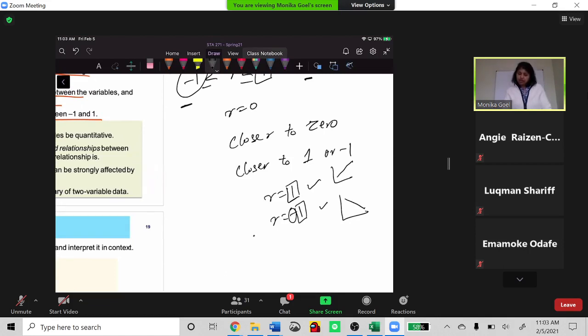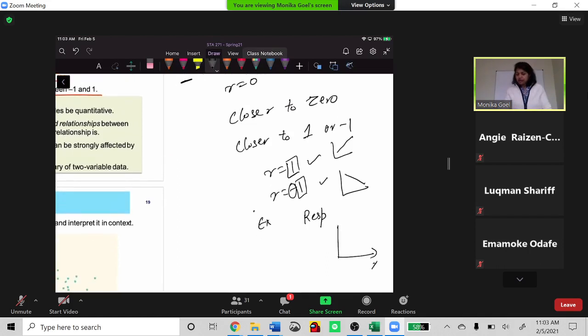If you are talking about positive one, you have upward linear direction, and here you have downward linear direction. Distinction between explanatory and response variable. If it exists, if you know which one is explanatory, which one is response, plot your explanatory on X and response on Y. And if you cannot make the distinction, you can still find the correlation using this X and Y. If you don't know if it's explanatory or response, you can still plot one here, and you can see there is a linear relationship or not. So correlation does not make a distinction between explanatory and response.